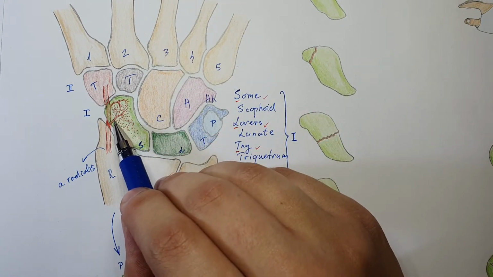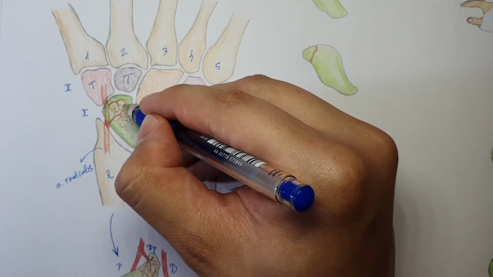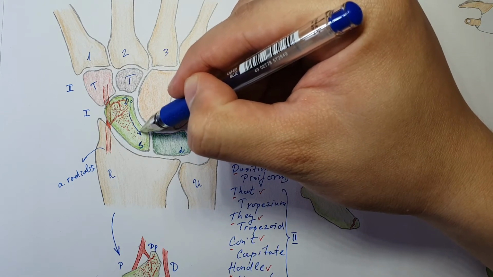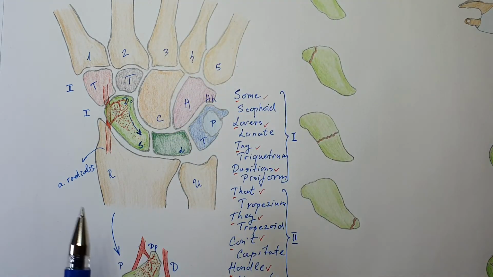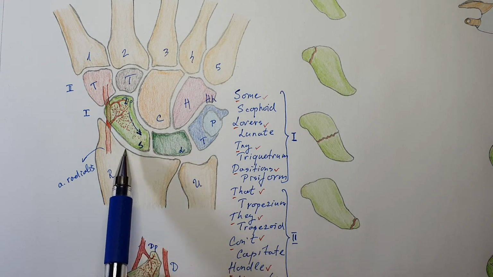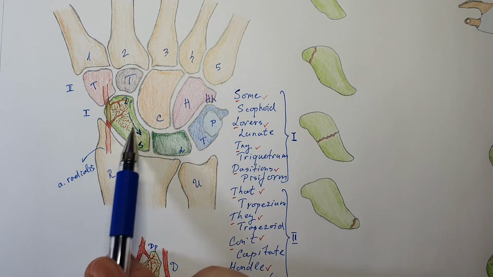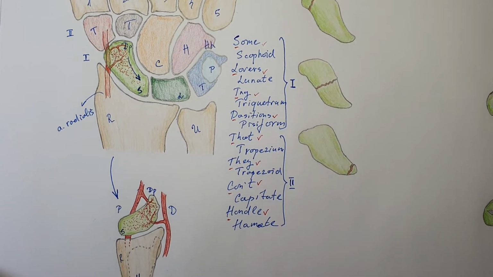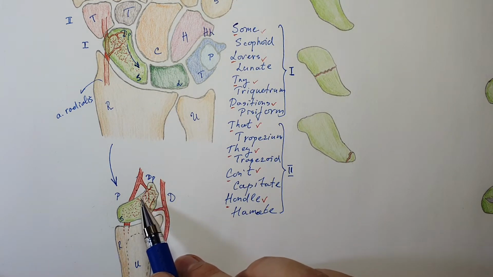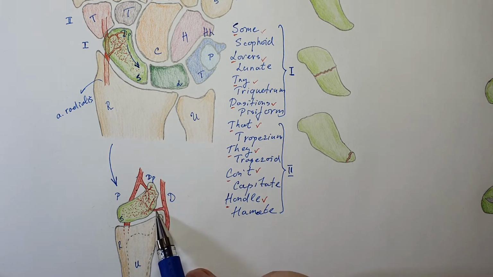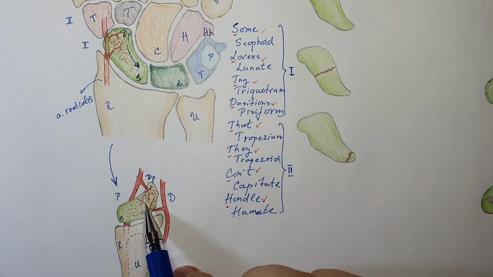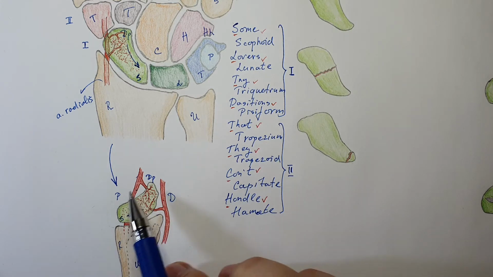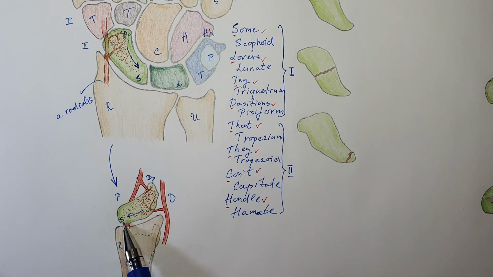These arteries are entering the scaphoid on its distal pole, and the blood supply is then running down to the proximal pole. So there are no special arteries entering at the waist and the proximal pole. This artery is supplying the proximal pole significantly, and the blood is then going down and supplying parts of the waist and the distal pole.